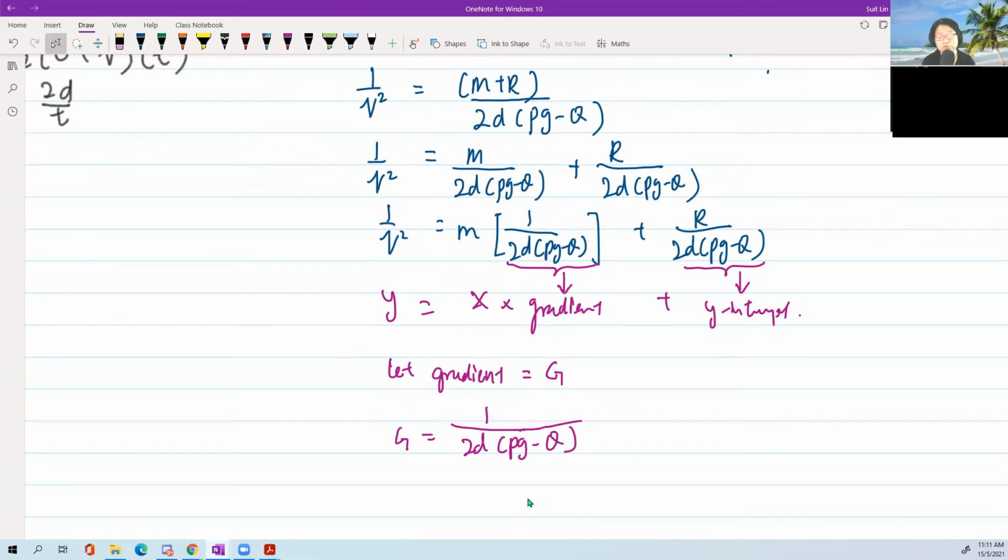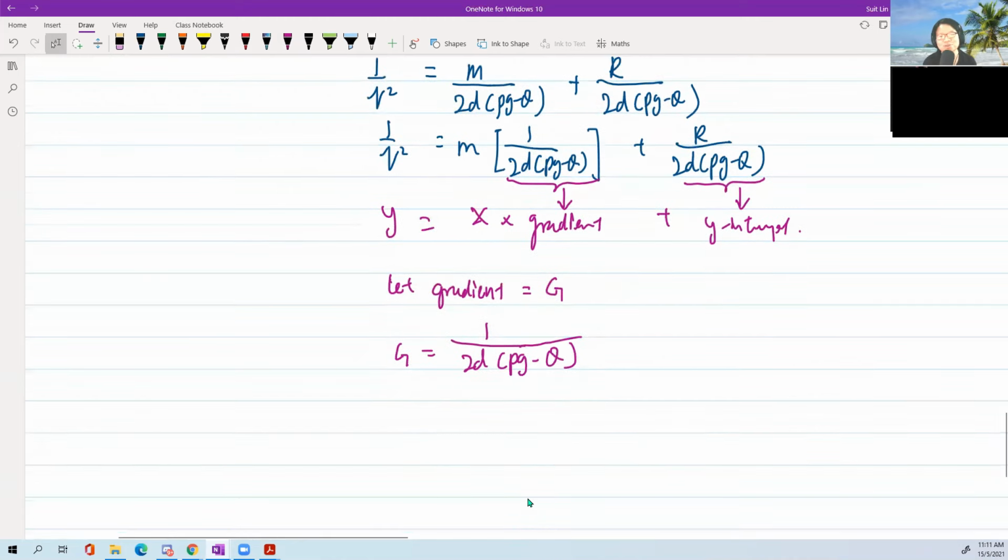When I rearrange to find q, exponents are nicer, anyway, we're going to soldier on. So what we have is 2d times g, and then we will have pg. I'm going to open up the bracket, so minus 2d times g times q. This is equal to 1.